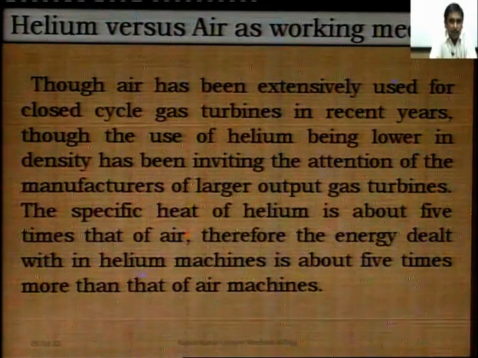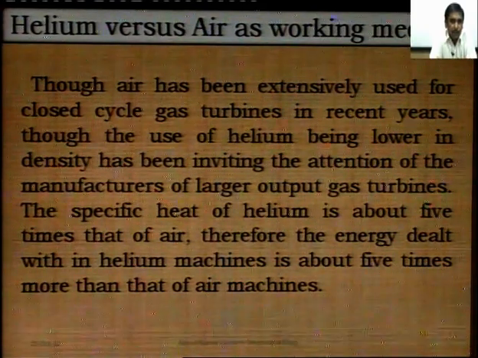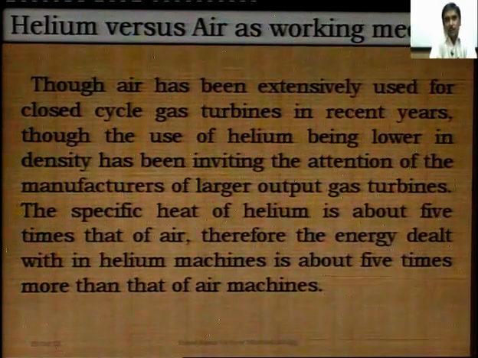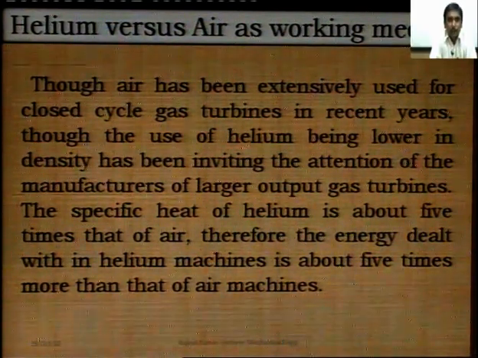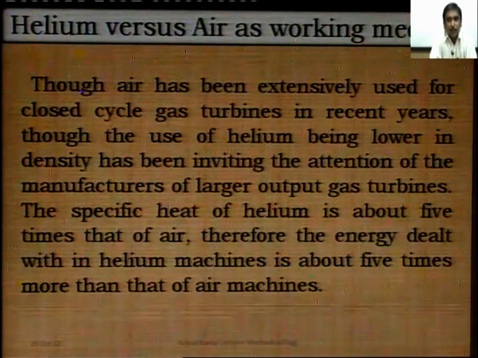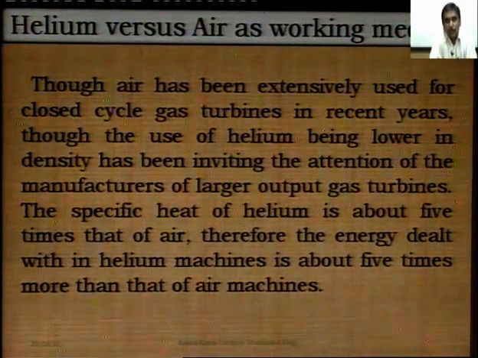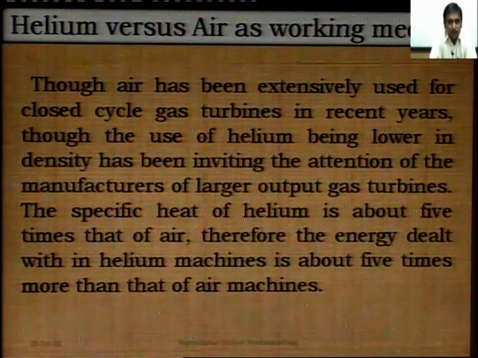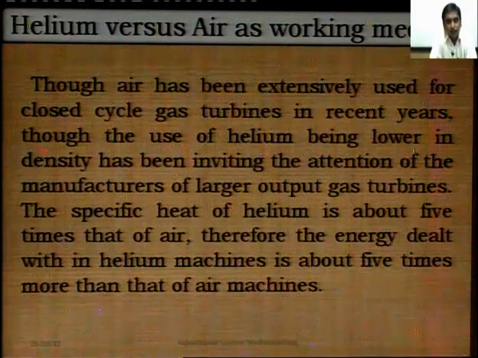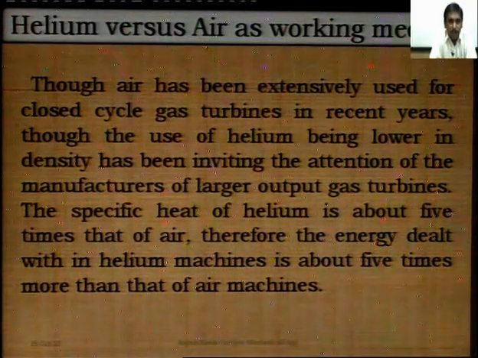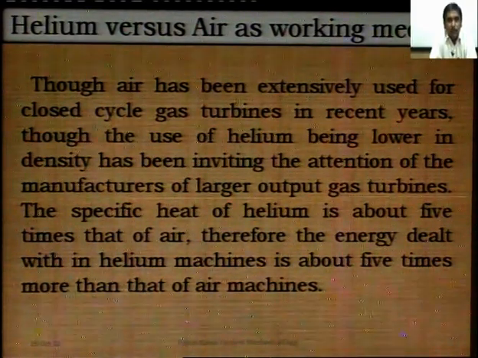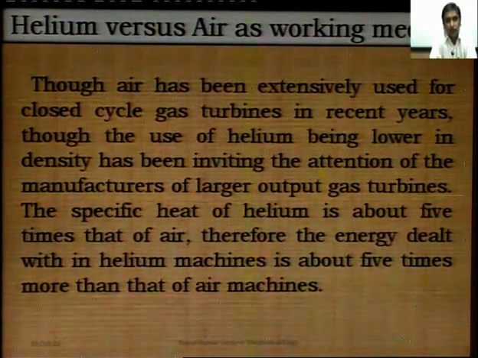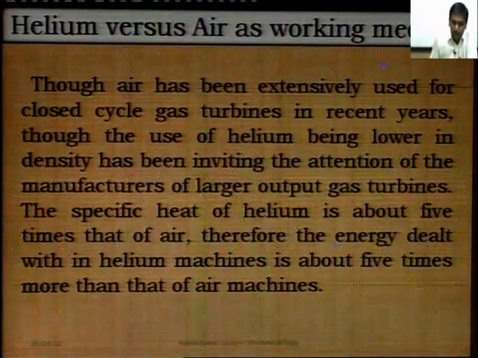Therefore, the energy dealt with in helium machines is about 5 times more than that of air machines. Means helium can also be used in place of air as a working fluid in a gas turbine, because the specific heat of helium is 5 times that of air, so it can store 5 times more energy than air.